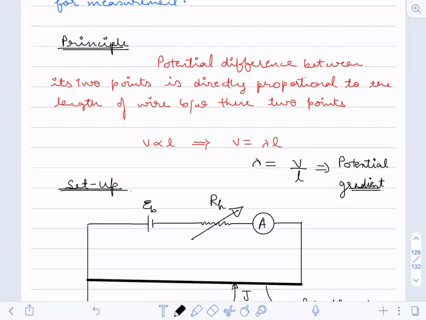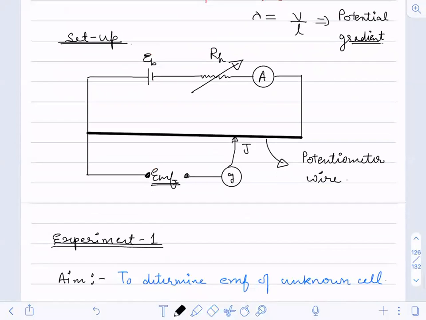Now just see its setup. You will have this as the main circuit. Here we can determine the unknown EMF of a cell or battery.